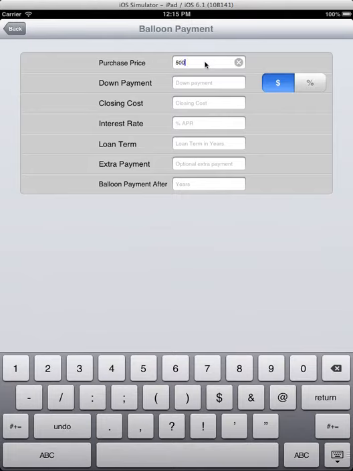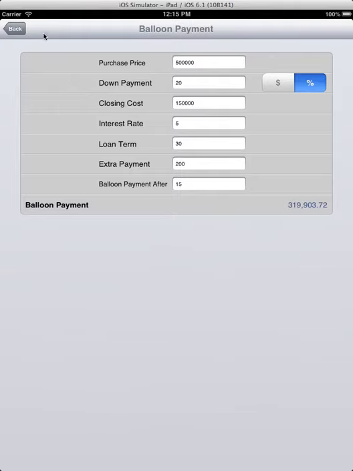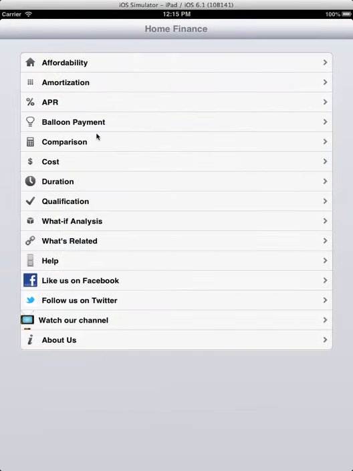Suppose 500,000, down payment is 20%, closing cost is 15,000, interest rate is 5%, and 30 years is the term. Say we are optionally paying an extra $200 a month, and here is the balloon point after 15 years.